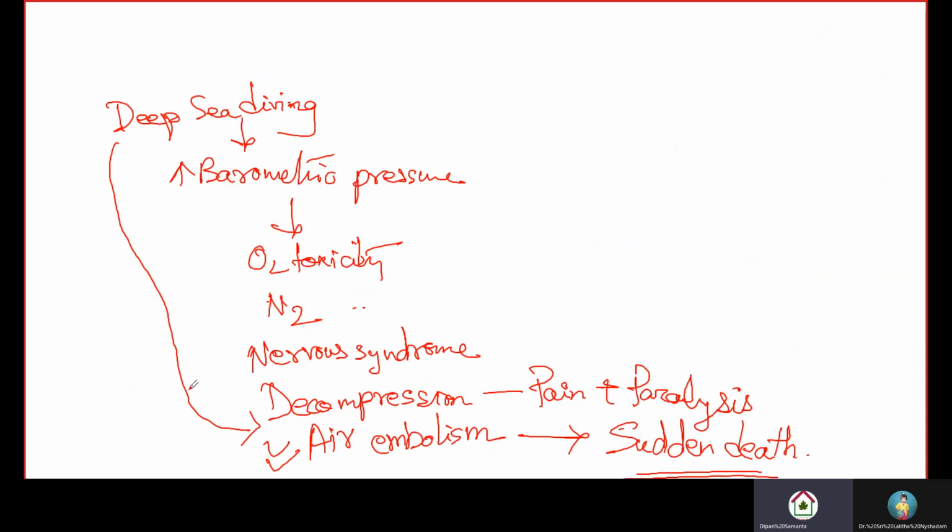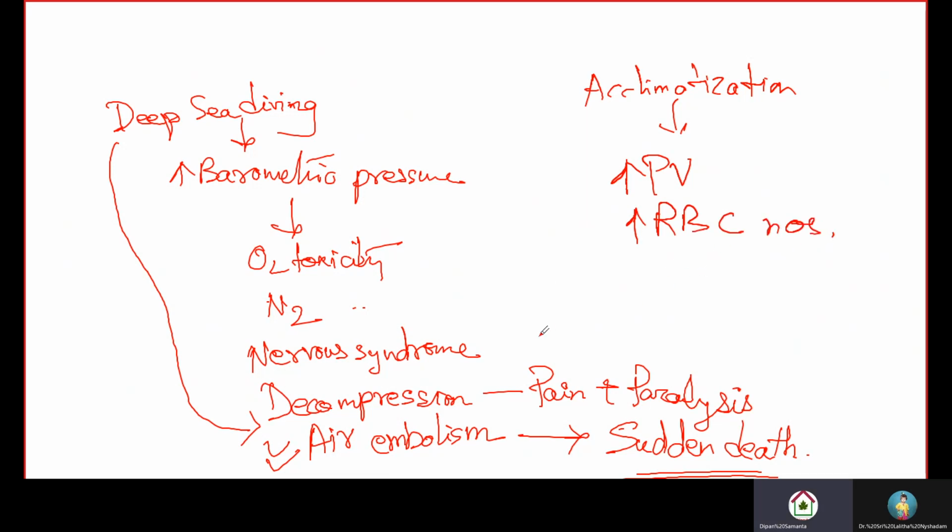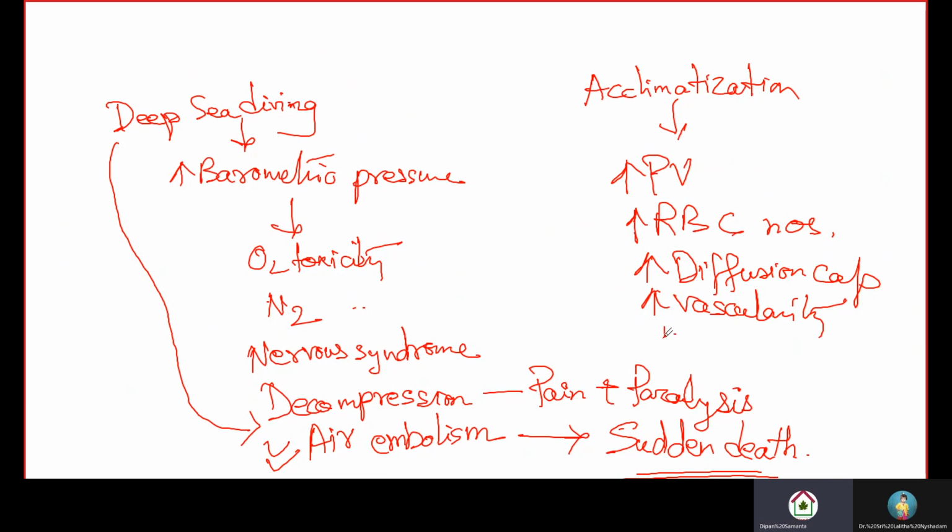So always remember, acclimatization is characterized by increased pulmonary ventilation, increased RBC number, increased diffusion capacity of the lung, increased vascularity of the peripheral tissues, and increased ability of the tissue cells to use oxygen despite low partial pressure of oxygen.